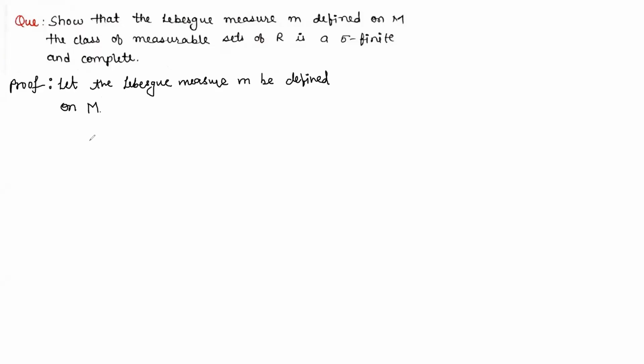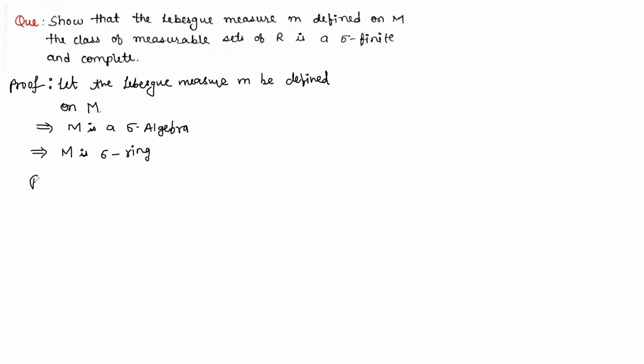Now in unit number 1, we have seen a theorem that this capital M, the class of measurable sets, is a sigma algebra. Therefore capital M is a sigma algebra. Now since every sigma algebra is a sigma ring, this implies that the class of measurable sets capital M is a sigma ring.